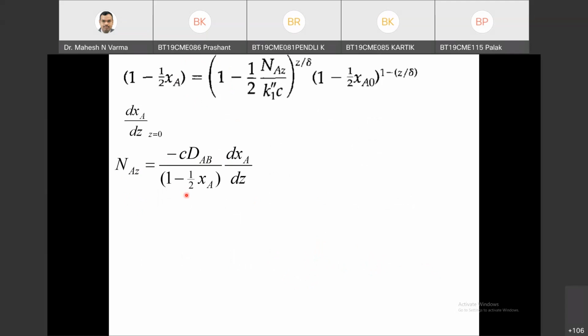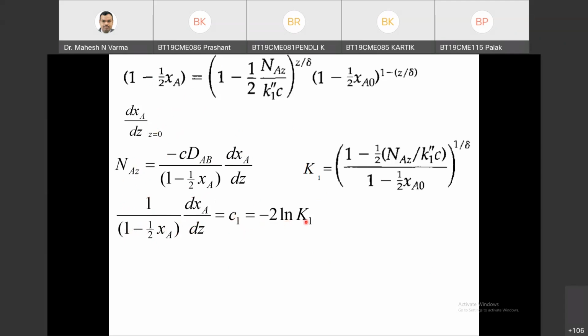So this you can calculate using this also at any value, dX_A by dz at z equals 0. Or what you can do is this is half, 1 minus half X_A dX_A by dz, that equals c1, that equals ln K1. Substitute K1.